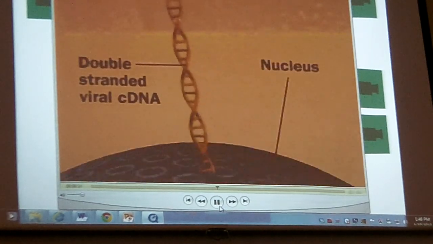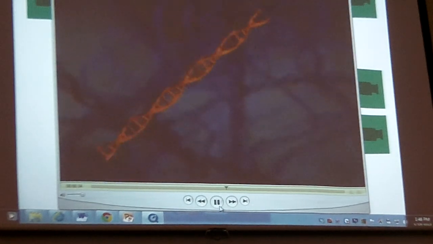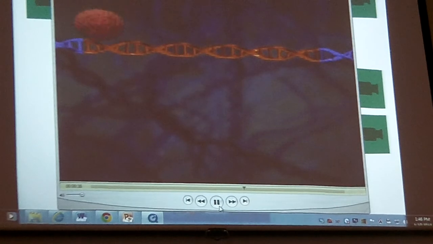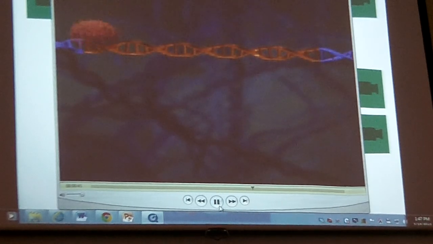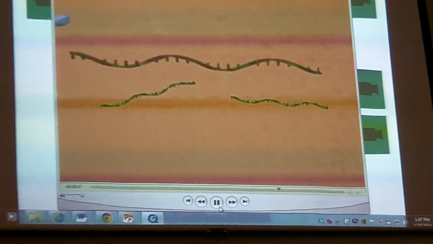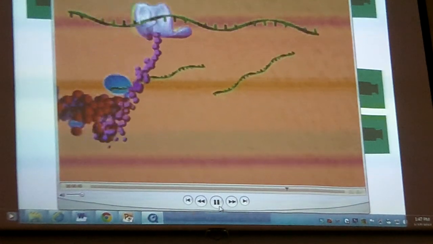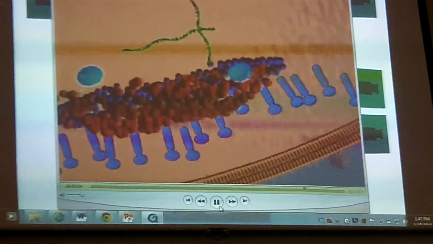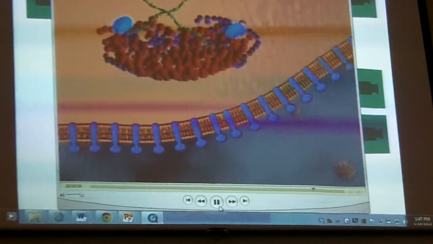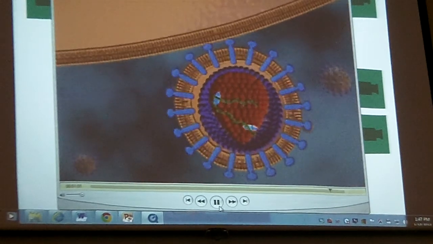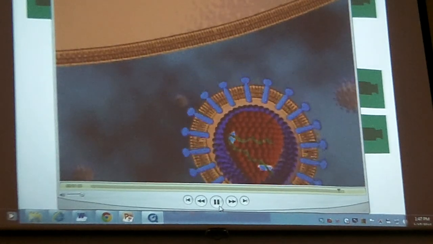The double-stranded DNA enters the host cell's nucleus and integrates into a chromosome as a provirus. Eventually, transcription produces viral RNA. The viral RNA travels to the host cell's cytoplasm, where some is reserved for new viral genomes and some is translated, producing new viral proteins. These proteins are assembled to form new capsids and envelopes. The assembled retroviruses bud from the plasma membrane. The new viruses can parasitize more host cells.